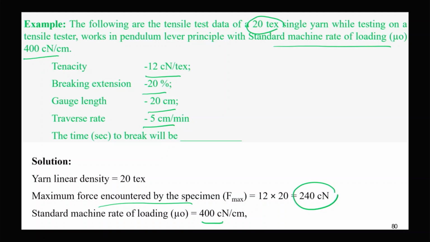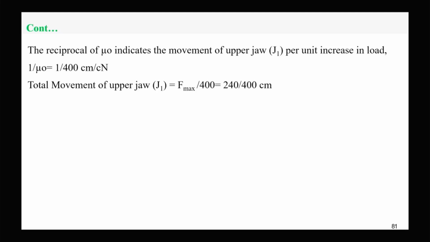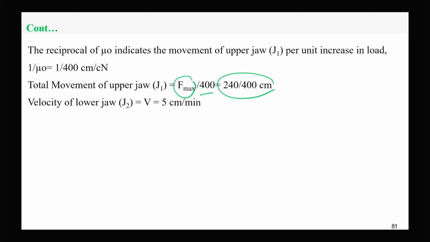If we take the reciprocal of that, it will be 1 by 400 centimeter per centinewton, and the total movement of the upper jaw will be F max by 400. So this is the total movement of the upper jaw.